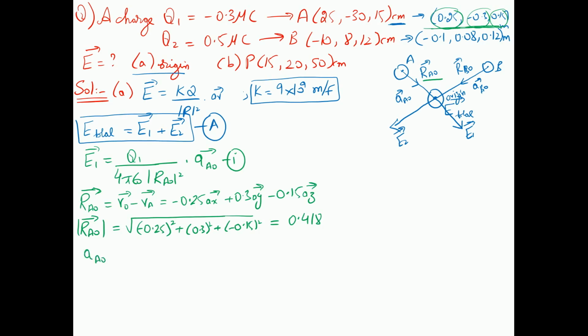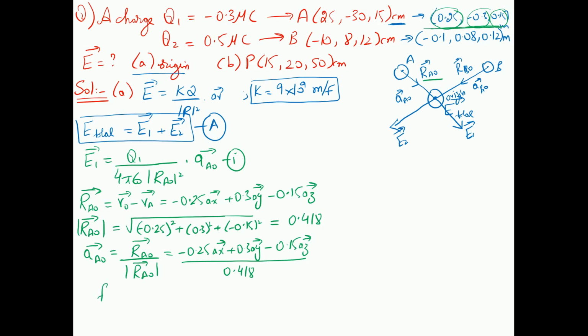The unit vector a_AO is R_AO divided by the magnitude of R_AO, and if I incorporate the values, it comes out to be minus 0.25 a_x plus 0.3 a_y minus 0.15 a_z, divided by 0.418.